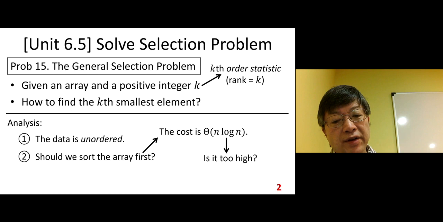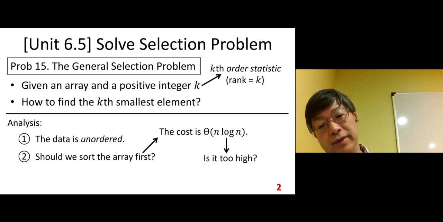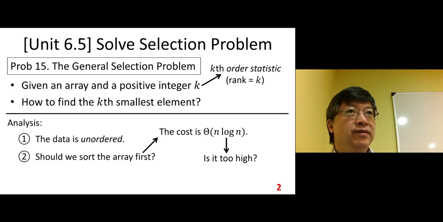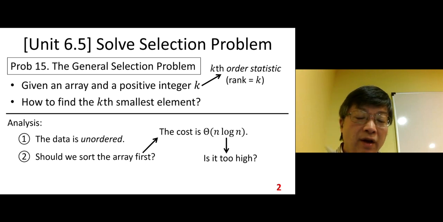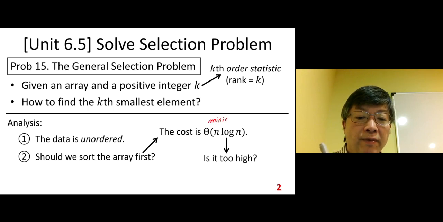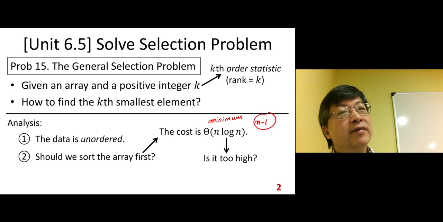This efficiency function is still too high; we don't want to pay this much cost. We want to pay less than this. Think about the minimum number problem, find the minimum. Our solution is n minus 1, right?